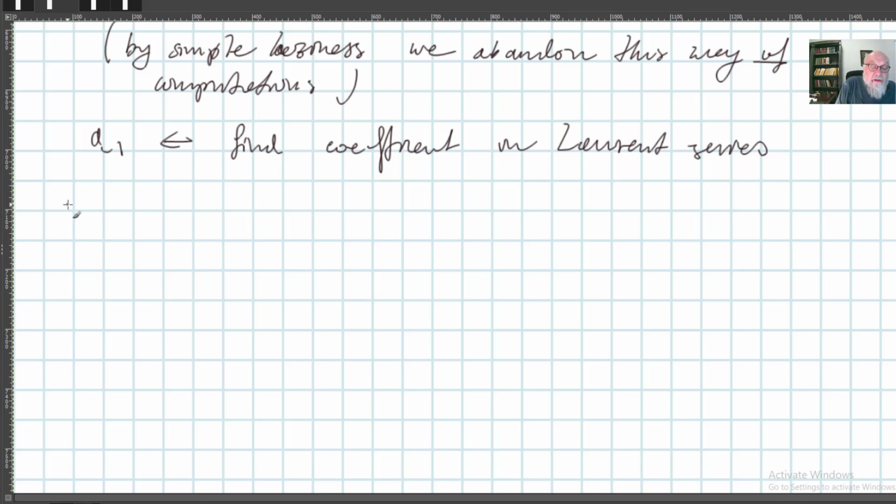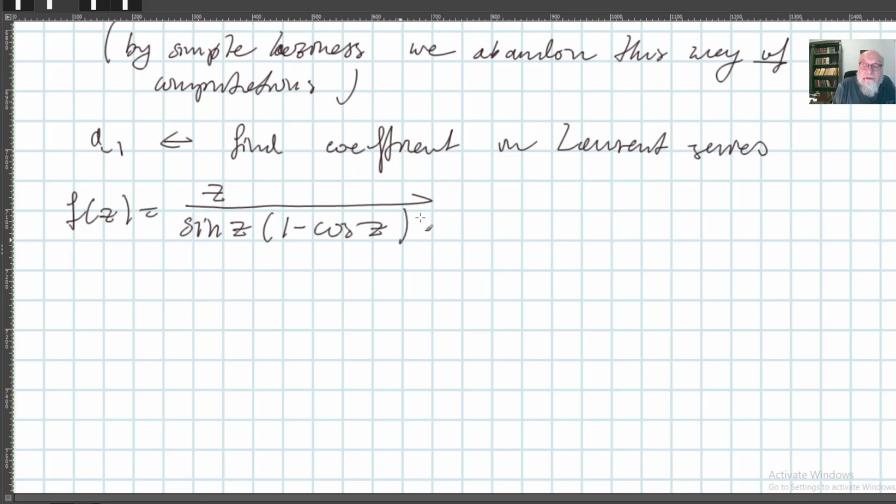So here we have f of z equal to z, and then we have the product. What is our product? The first one is sine of z, another is 1 minus cosine of z. So let me write it down. This is z, and here I have the power series expansion.